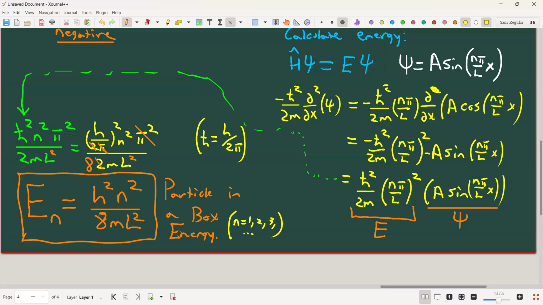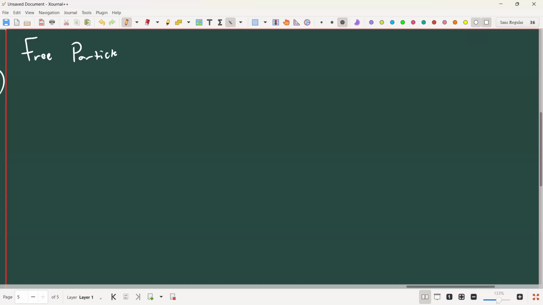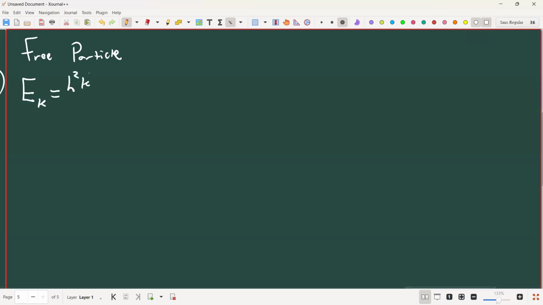Right, so let's just kind of draw that. Okay, so again, let's think about what our energy spectrum looks like for our free particle versus our particle in the box. This is the energy, which is a function of k: E_k = ħ²k² over 2m.